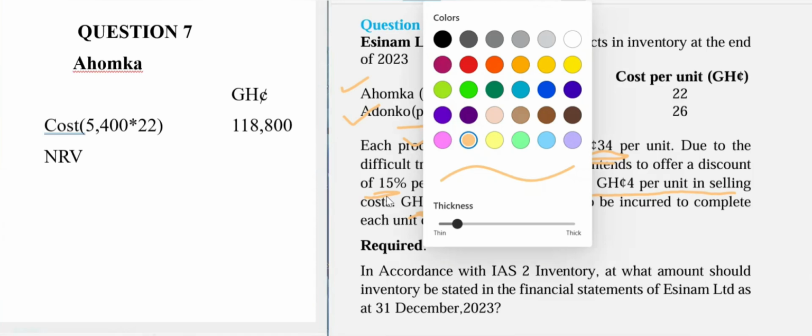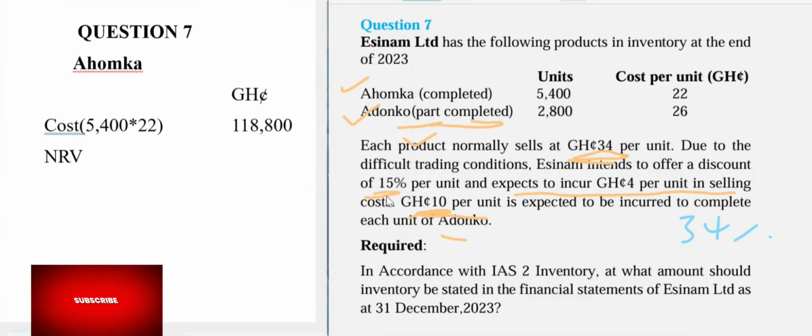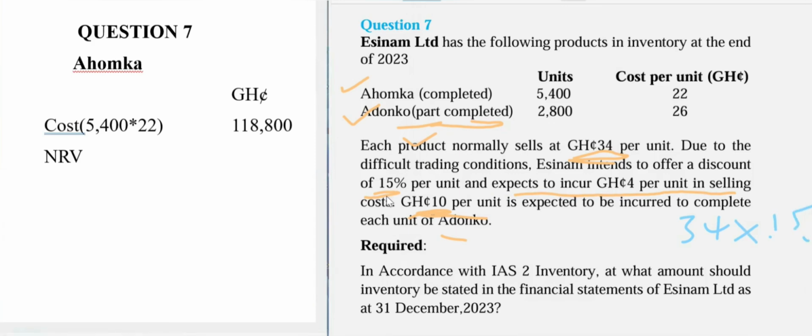Let me use this one to write here. So we have 34 cedis, that's the selling price. But there's a discount of 15%, right? So just multiply the 34 by 15% to get the discount. So 34 by 15%, what do you get? If you pick your calculator and multiply, you get 5.1.